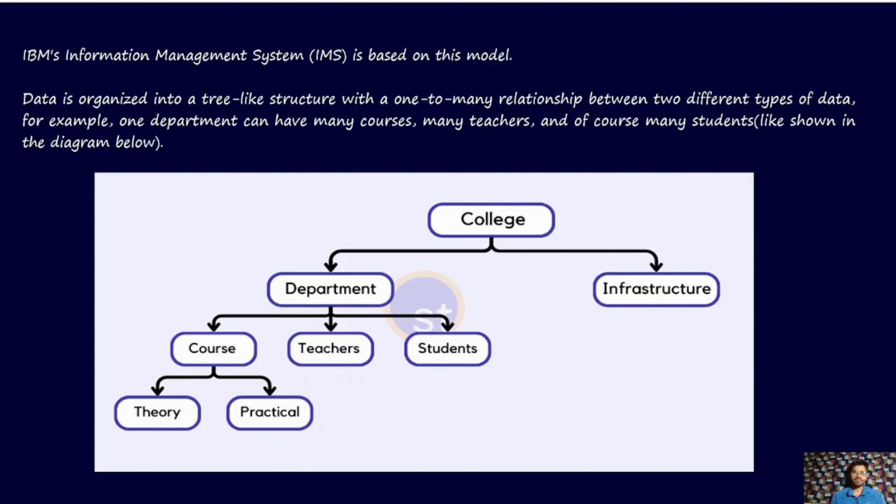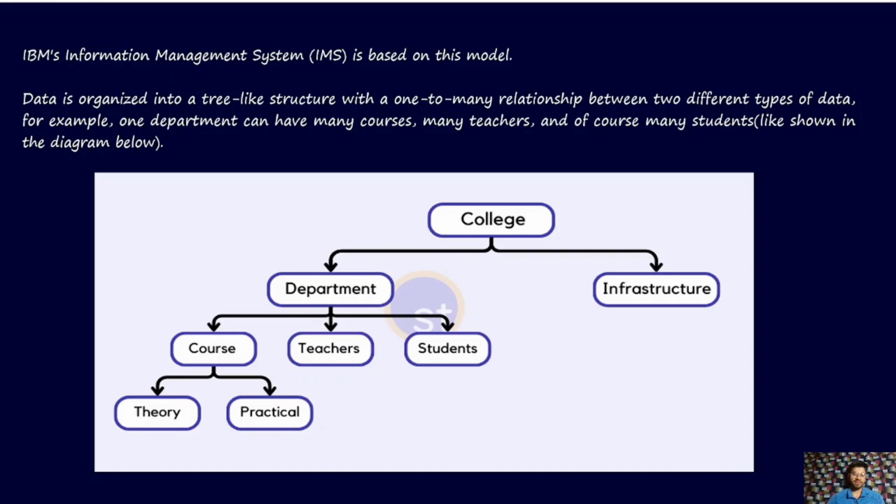IBM's IMS is based on this model, where data is organized into a tree-like structure. In this example, data is organized with a one to many relationship between two different types of data.